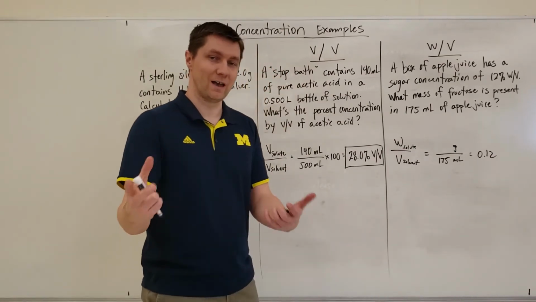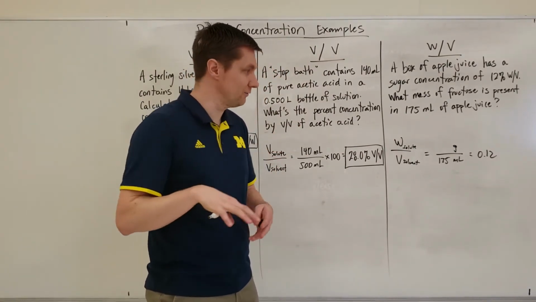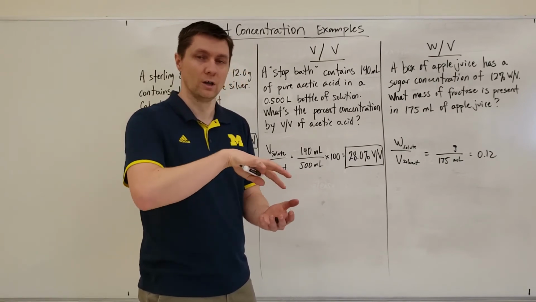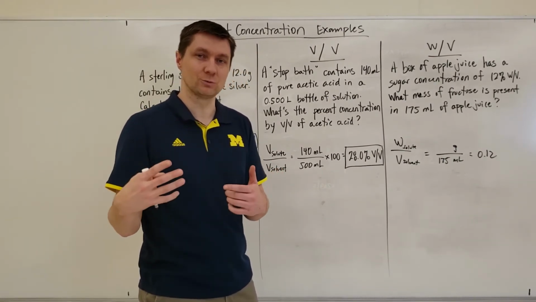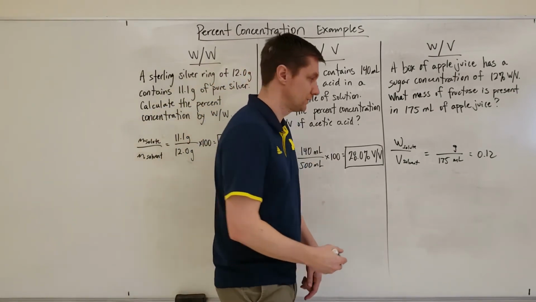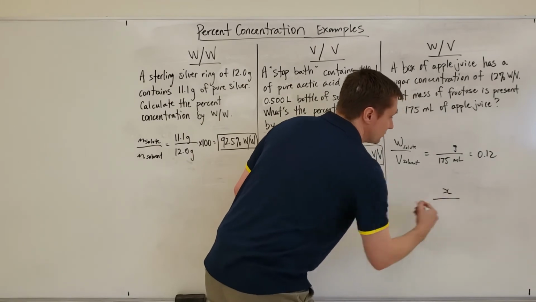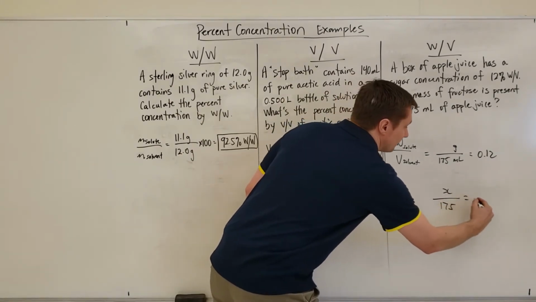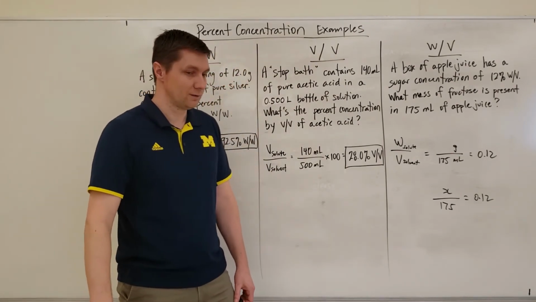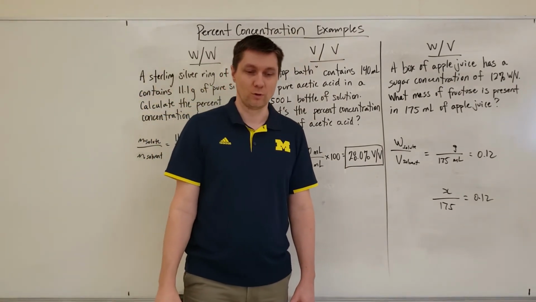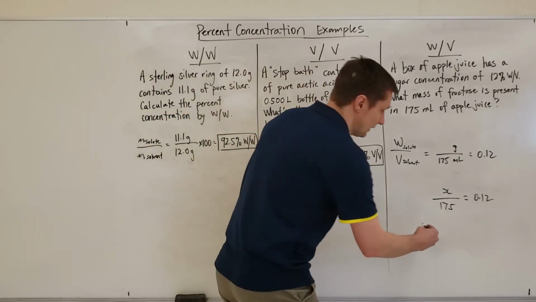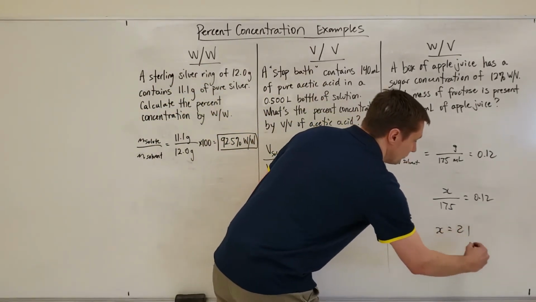If you want to simplify this a little bit, now that you've got the units in there and you understand what units are what and where they go, you can take those out and quickly solve for this algebraically with simple math like I had on the board before. So x divided by 175 gives me 0.12. When you plug this into your calculator, you'll see that x is equal to 21.